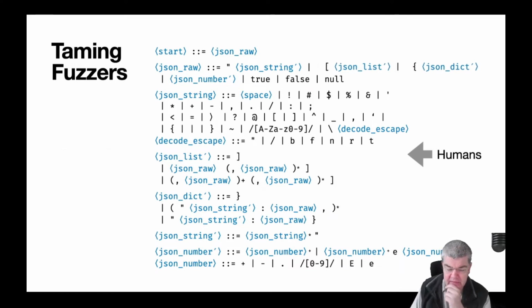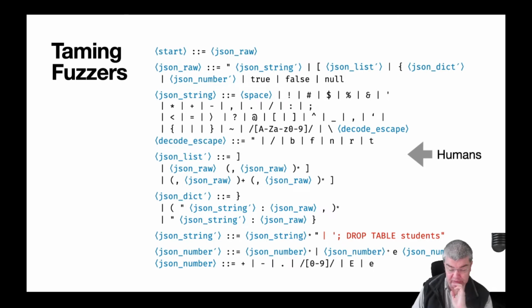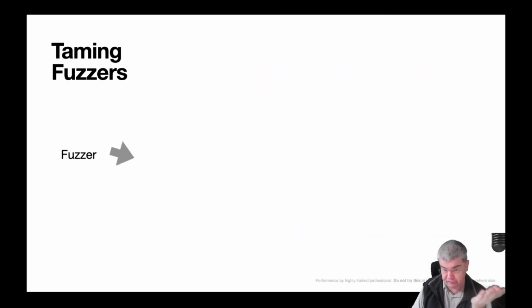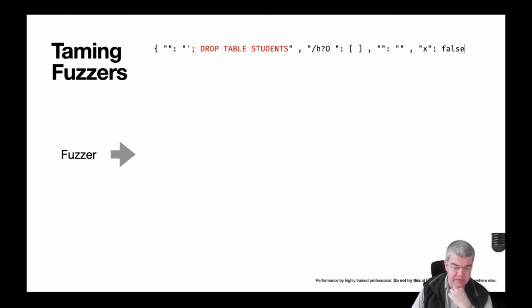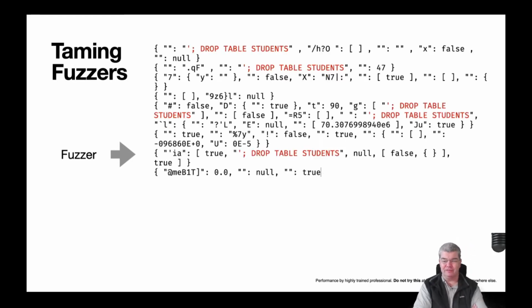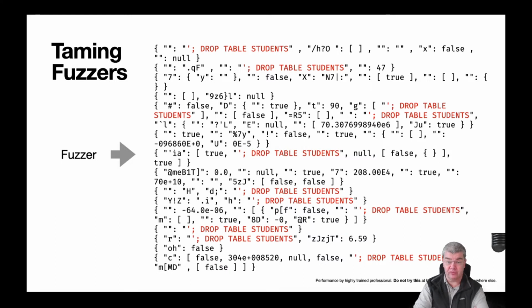And you can also do other fun stuff with that. Notably, you can add strings that you want to occur often in your inputs. For instance, if you say, okay, I want this particular string drop table students to frequently occur in my JSON code, then you can tell the fuzzer to actually do that. And if you tell this to the fuzzer and the fuzzer takes your extended grammar, then your fuzzer will happily produce plenty of inputs with these particular strings in them.